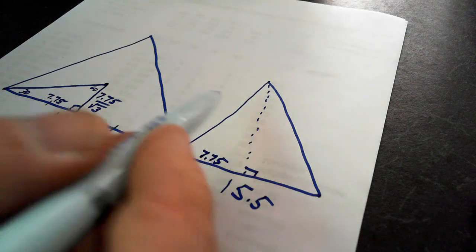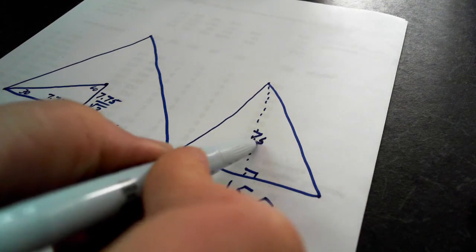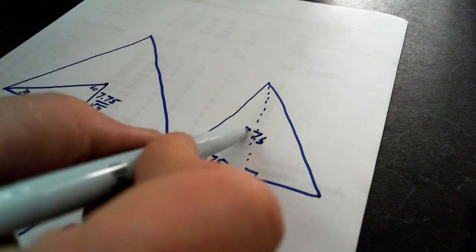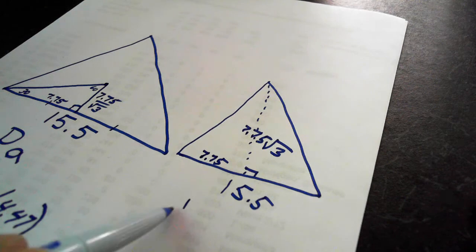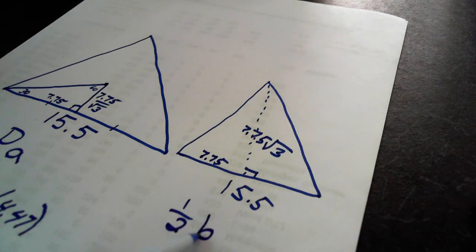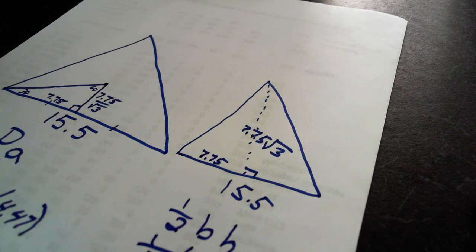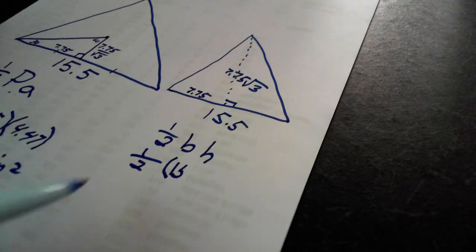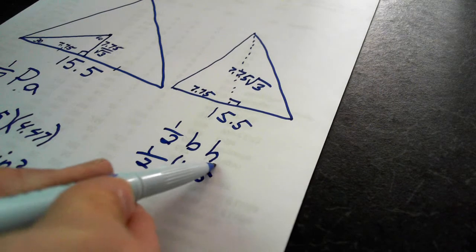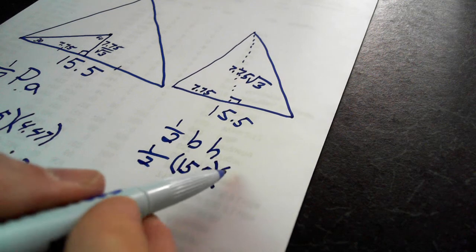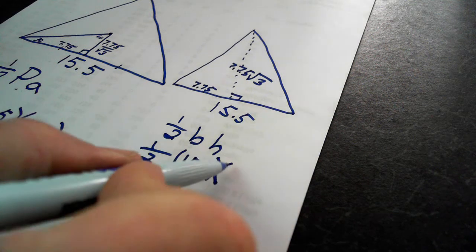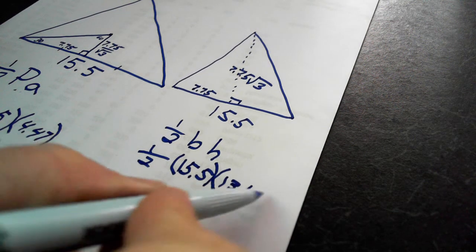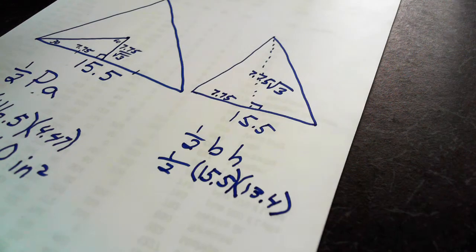This height would be 7.75 times the square root of 3. And you can just use the old 1/2 base times height formula that we learned long ago. What is that height? 13-ish? 13.4? That is just as easy or easier.